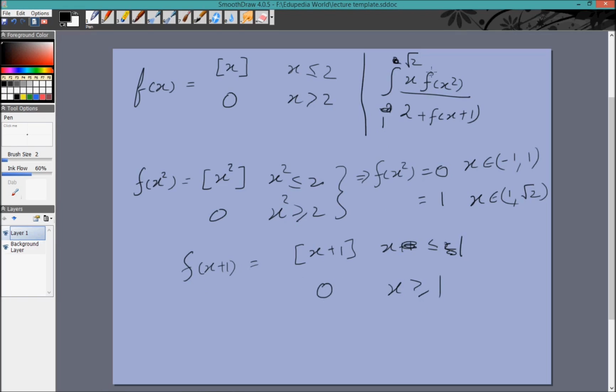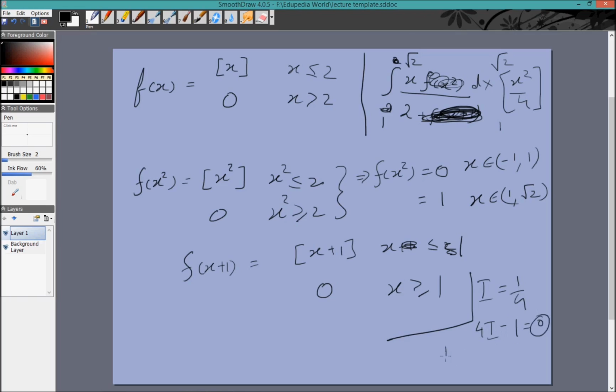So f(x²) is 1 and f(x + 1) is 0, so we get the integral of x by 2 dx, which gives me x² by 4 from 1 to root 2, right? Root 2 will give me 2 by 4 and 1 will give me 1 by 4, the difference will be 1 by 4. So the value of I comes out to be 1 by 4, and we needed to find the value of 4I - 1, that is equal to 0. So my final answer in this case is 0. Right?